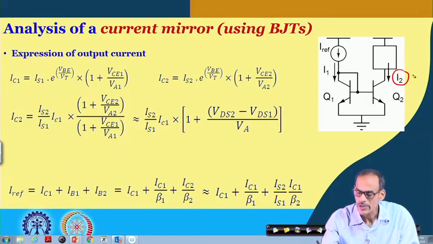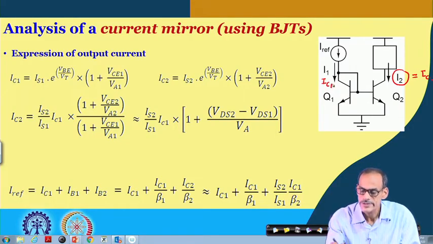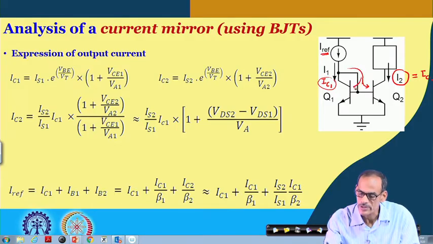In fact, I 2 is the collector current of transistor 2, IC 2, and also here we have collector current IC 1. This IC 1 and I reference have a relationship, but we need to say that this IC 1 is not exactly equal to I ref, because some base current flows for transistor 2 as well as transistor 1. So, we have IB 1 and IB 2.